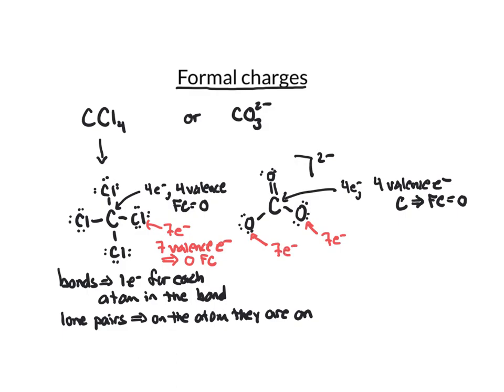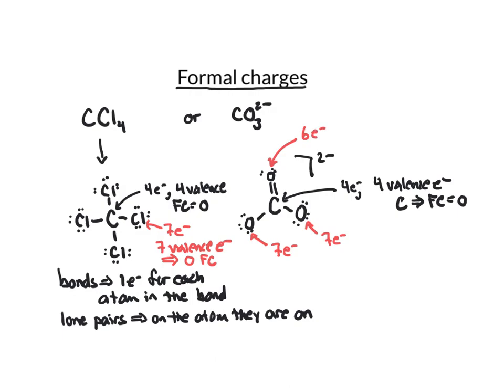The oxygen that is double bonded has 1 from each of the bonds, so 1, 2, 3, 4, 5, 6 electrons, and so this doubly bonded oxygen has 6 electrons in this structure.